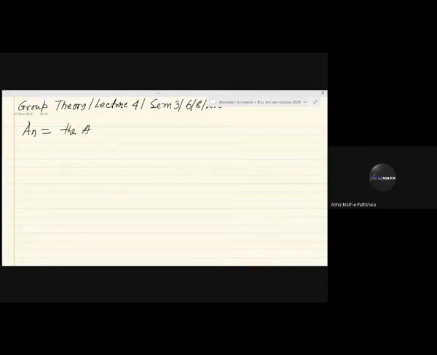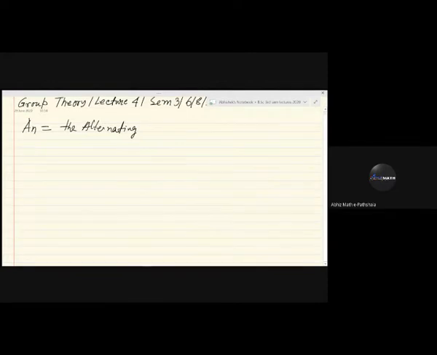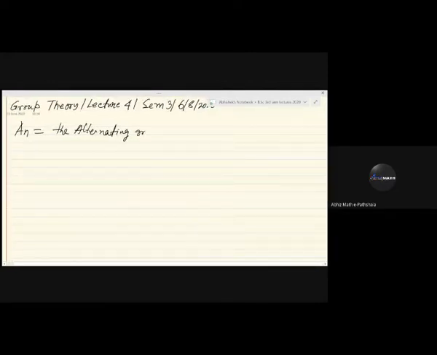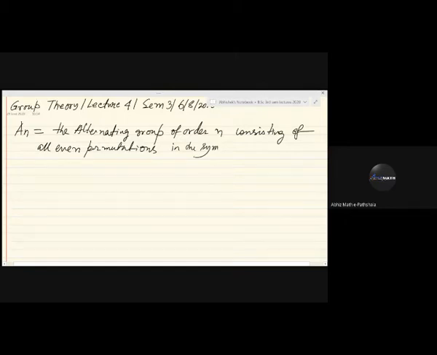It is the alternating group, the alternating group of order n, consisting of all even permutations in the symmetric group Sn.